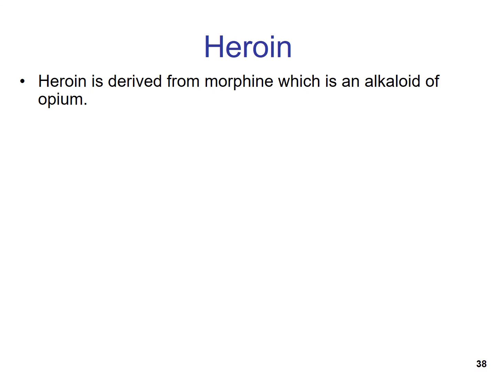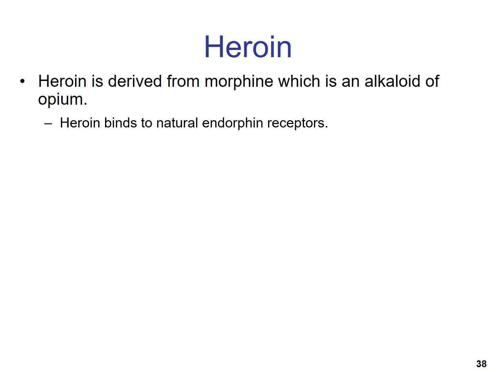Okay, heroin is derived from morphine, and this is an alkaloid of opium. What it does is bind to natural endorphin receptors, and endorphins are chemicals that you can think of as natural opiates. They help reduce pain, and they'll also give you a nice feeling.